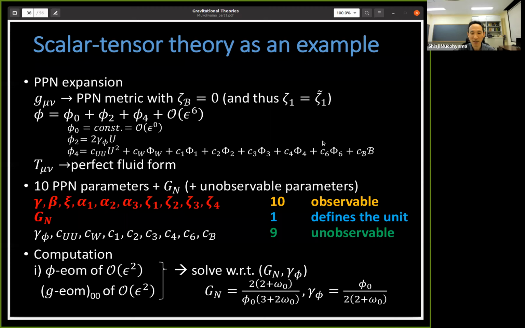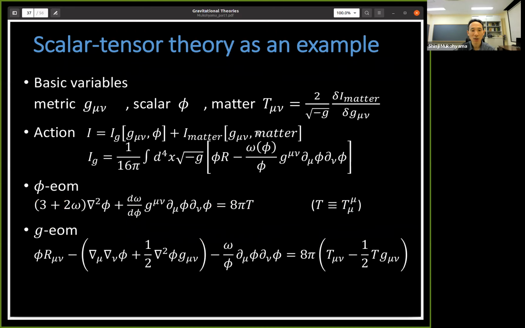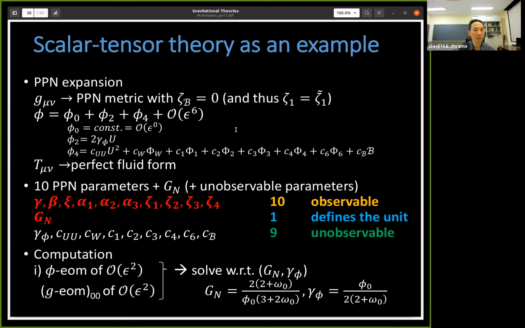They are unobservable constant parameters because matter couples to the metric. As far as we know the metric g mu nu, we can compute the motion of matter. So they are not observable, but we need them to compute observable quantities.